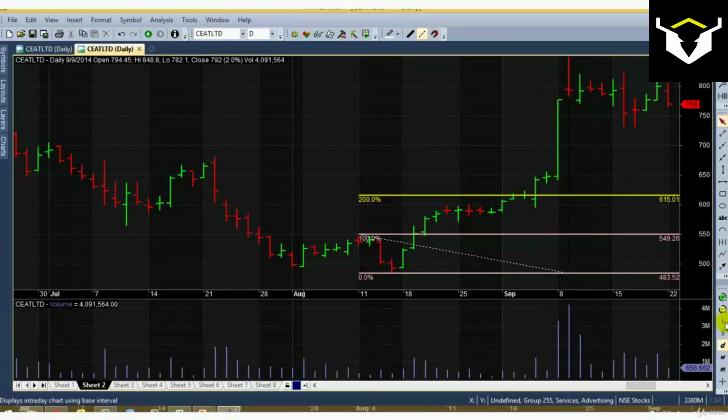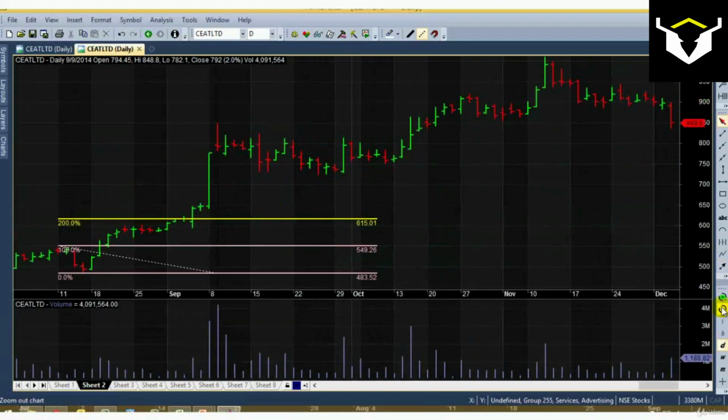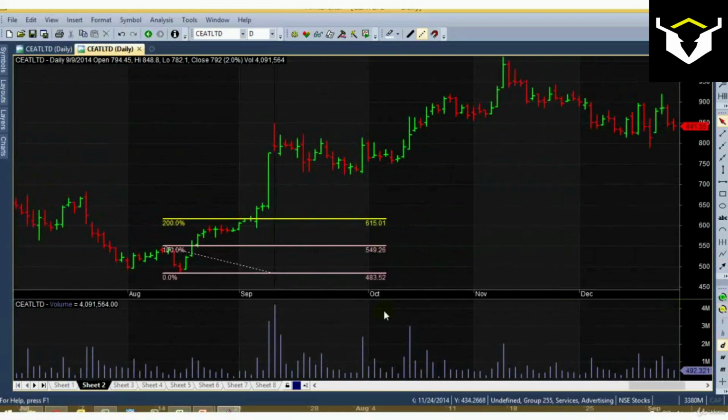And if I was to zoom out a bit more, you can see this double bottom gave rise to a much more prolonged upside move, which almost doubled in price. Hence, it is important to use a trailing stop or a trade management method which will help you take advantage of such price explosion moves.